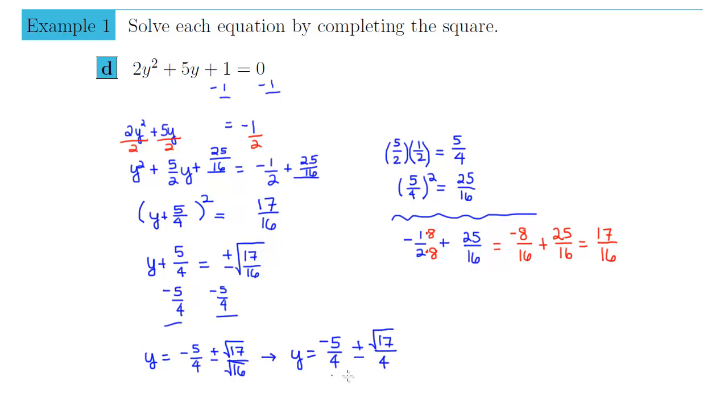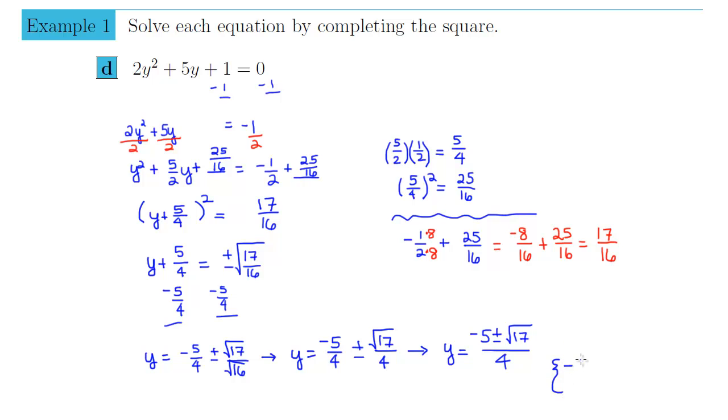Now we can leave our answers like this, or because we have a common denominator, we can also rewrite our answer to be over that single denominator. So we could also rewrite our answer as y equals negative 5 plus or minus the square root of 17 all over 4. So let's finish by writing our answers in the form of a solution set.